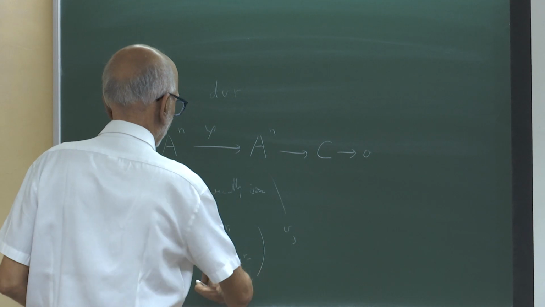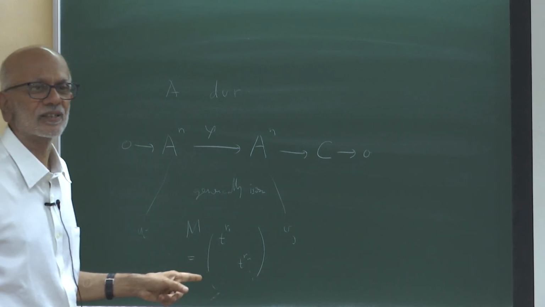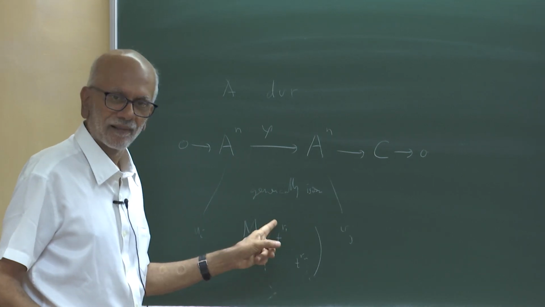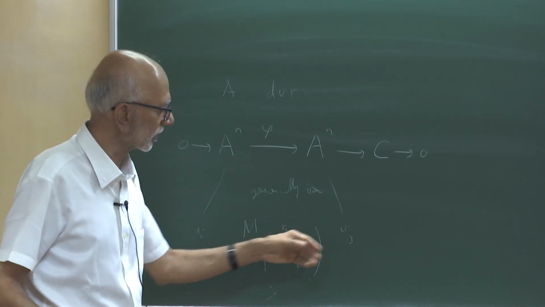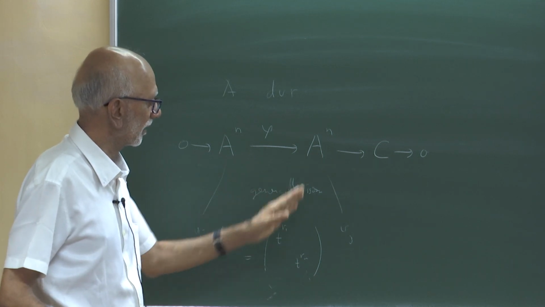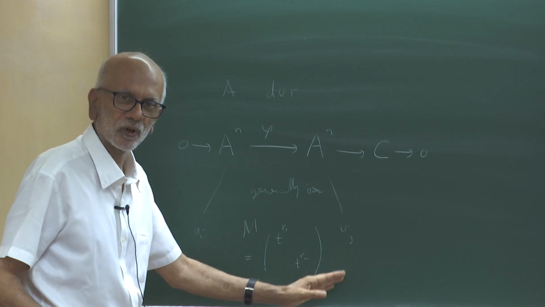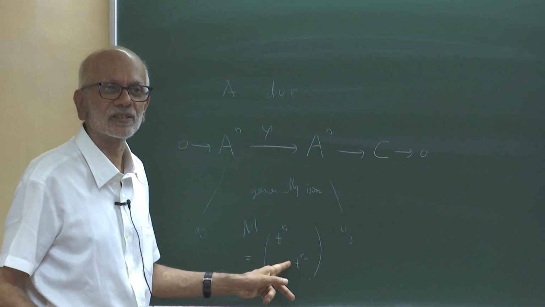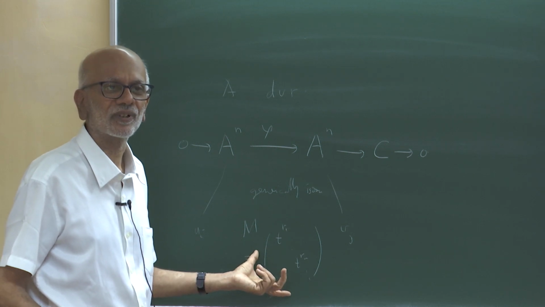So it becomes something like this. So what is its determinant? It's just T to the sum of all these. And what is the cokernel? The cokernel is A mod T^r_1, A mod T^r_2, up to A mod T^r_n. What's the length? The sum of r_1, r_2, up to r_n. And what is that? The order of vanishing of the determinant.